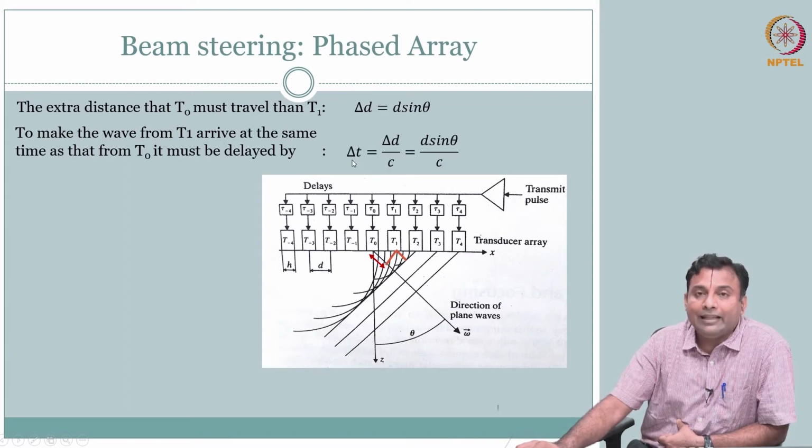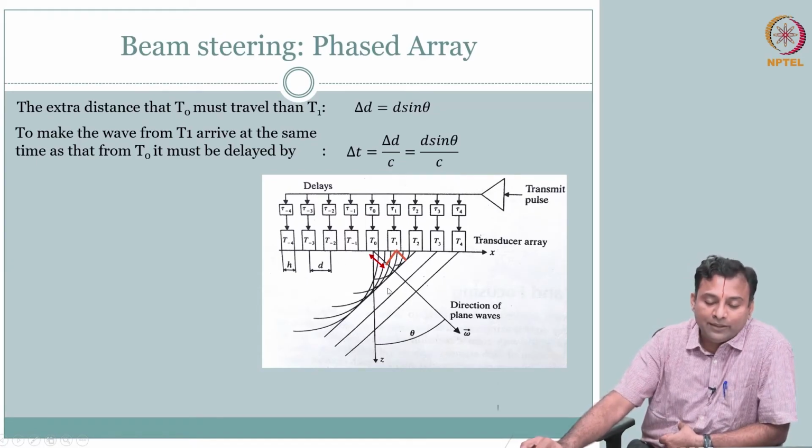So your delta t, the delay, should be delta d by c, or d sine theta by c. Okay. So this is for T1, but the same logic I can have for all the others, T1, T2, T3, or T minus 1, T minus 2, T minus 3, all of them the logic is same.